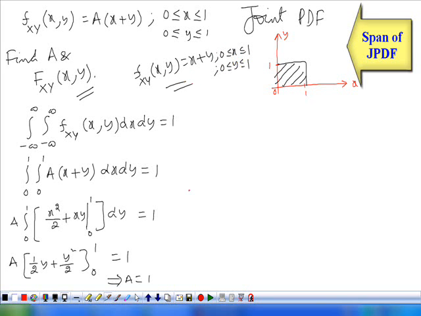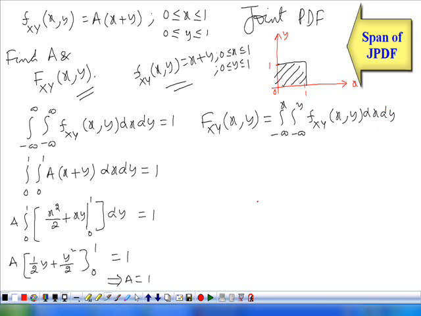Is it right? Now we have to evaluate this F_XY(x, y). We already know it is the integral from minus infinity to x, minus infinity to y of f_XY dx dy.